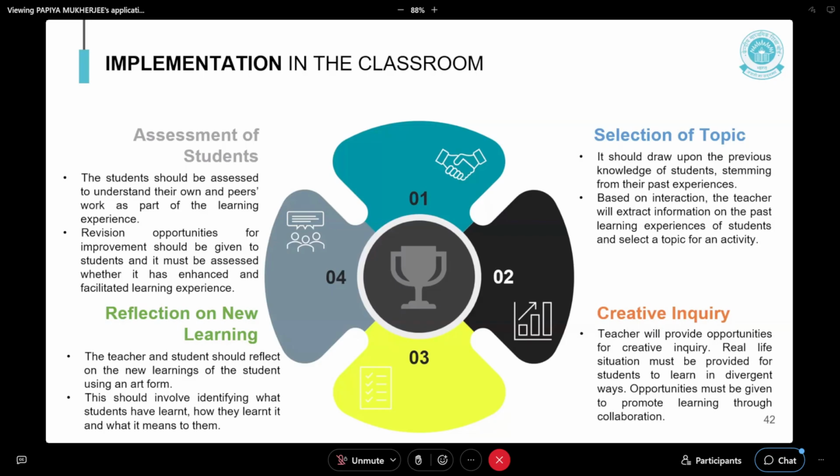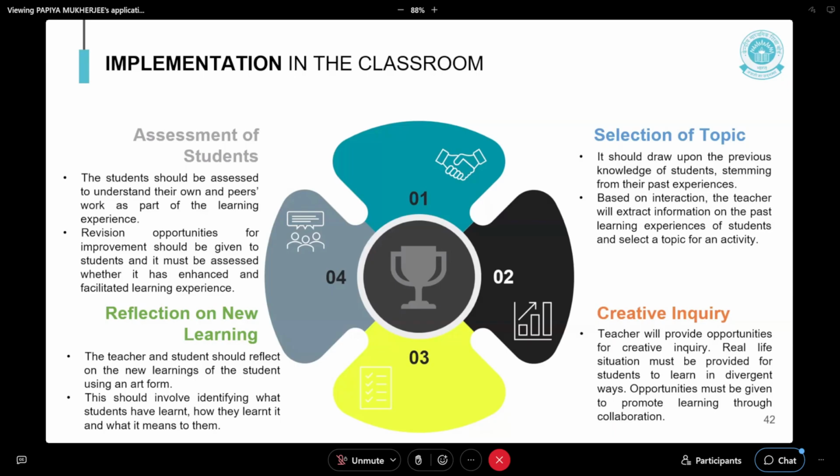Assessment in the case of art integrated learning is a challenge. We need to meticulously plan because the students should be assessed to understand their own as well as peer work. Opportunity should also be provided to the students if they have not been able to perform, and they should be assessed again, to see whether the revision has enhanced and facilitated the learning experience.